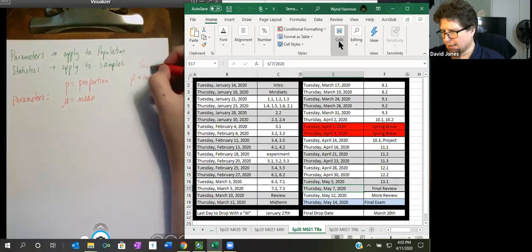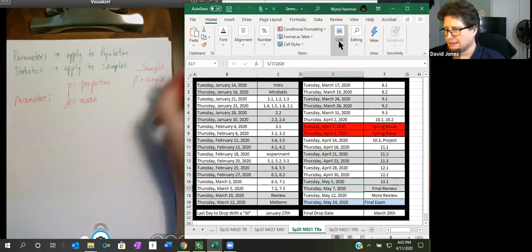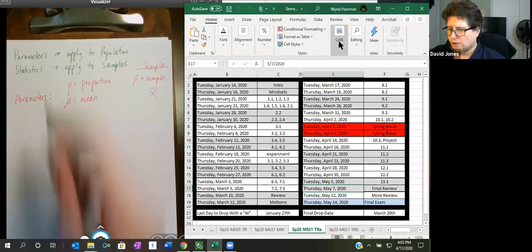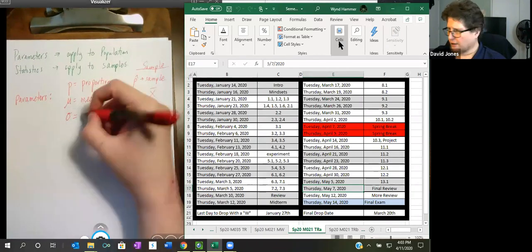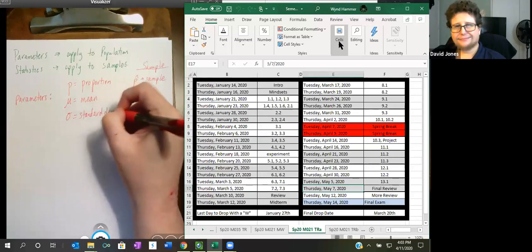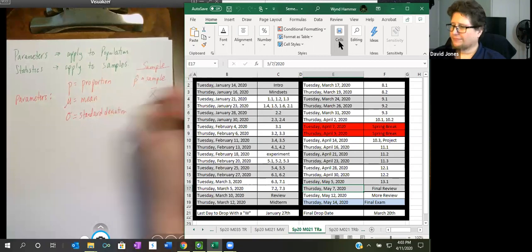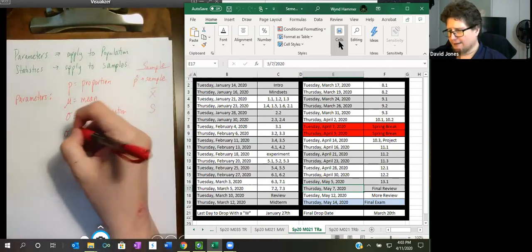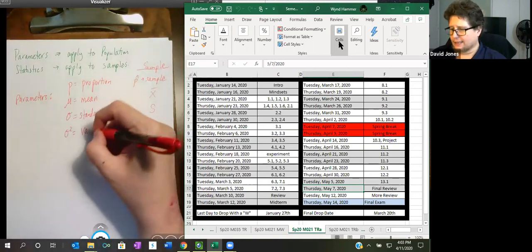So under the sample category, what was that? X bar. We looked at sigma, our standard deviation. That's S for a sample. And finally, we have sigma squared, which is variance.